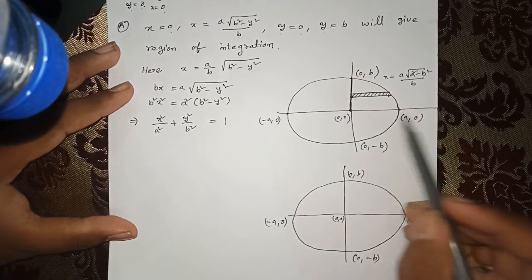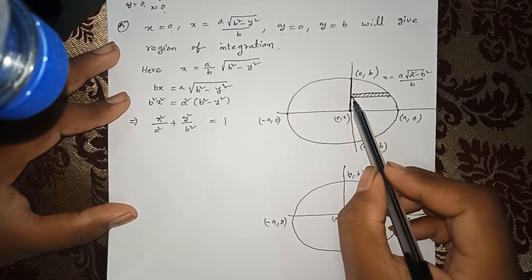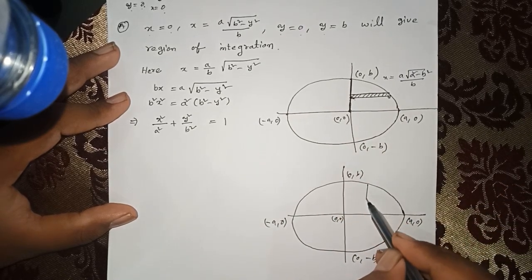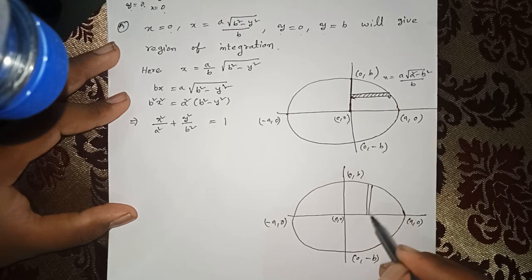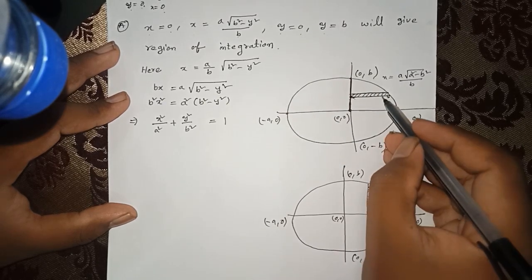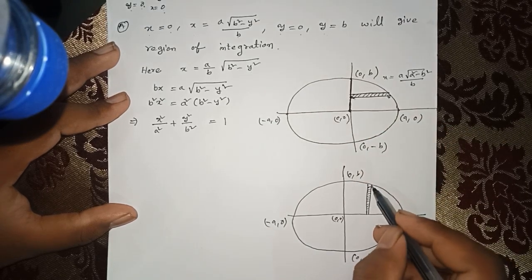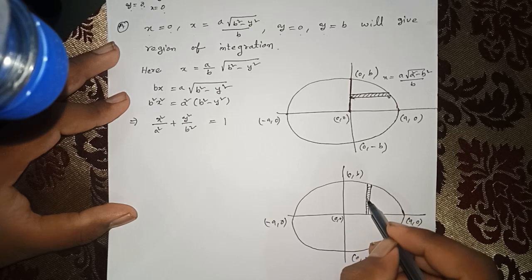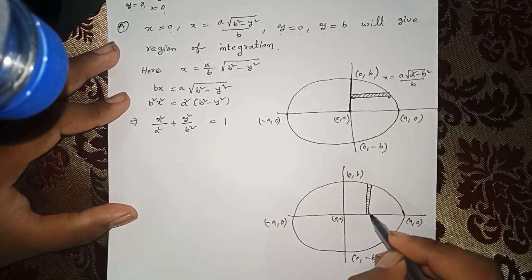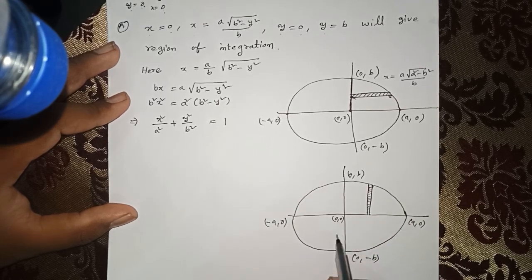Now, to change the order of integration, we change the horizontal strip to a vertical strip. Here, as per the given problem, the strip is horizontal, but after changing the order of integration, we have a strip which is vertical.